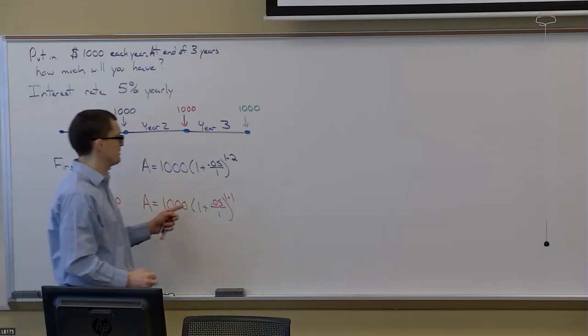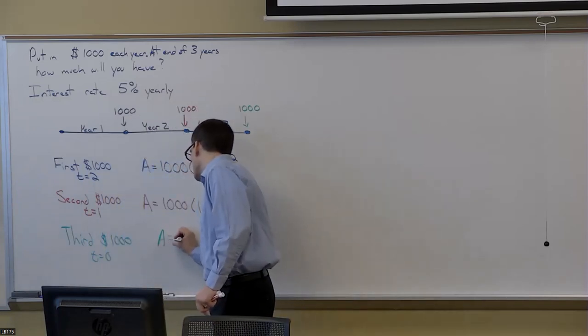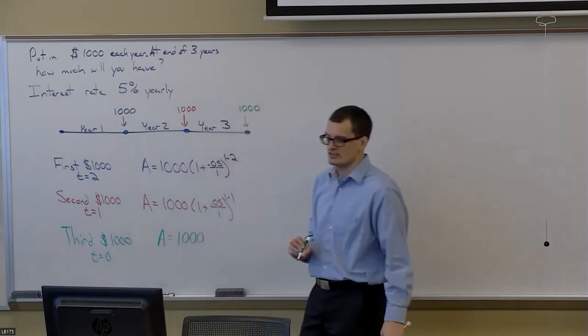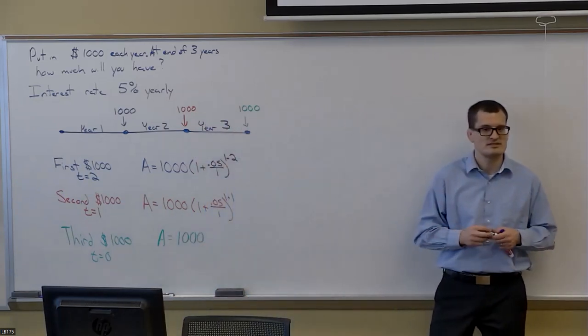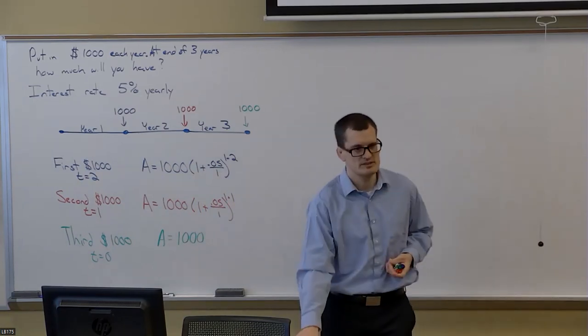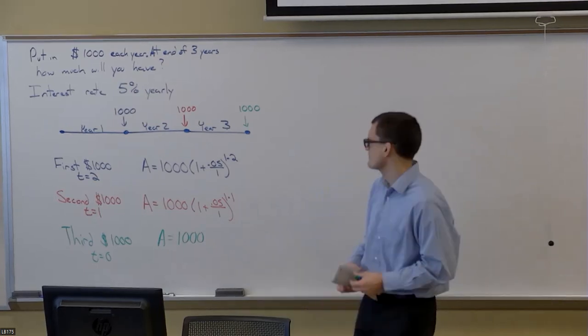Now you can either put that in the formula or just say that third $1,000 is going to get you $1,000, right? When you do an exponent of 0, it turns out to be 1. So 1 times 1,000 becomes 1,000.